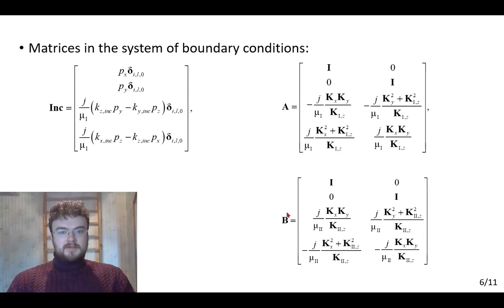A and B are the matrices of amplitudes. Matrix I and C include column matrix delta. Elements of this matrix are Kronecker deltas, and all elements equal 0 except the case when I and L equal 0.